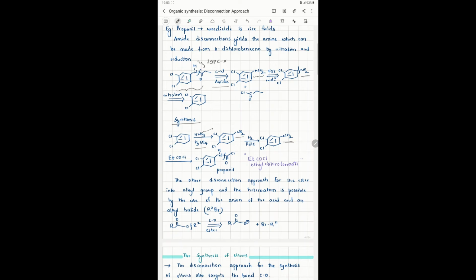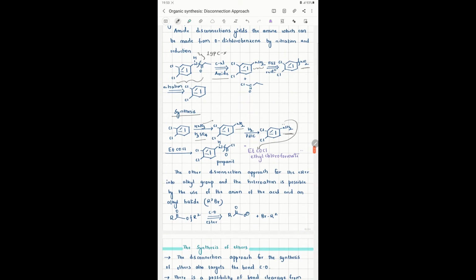This particular system, that is a substituted aniline system, is going to react with ethyl chloroformate. What happens here is the lone pair of electrons on nitrogen is going to attack the carbonyl carbon of ethyl chloroformate, so that I will be able to get my target molecule, that is the carbamate system.